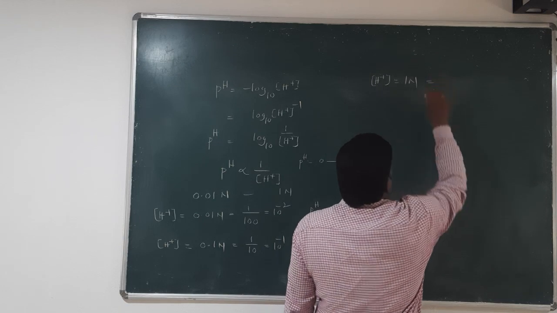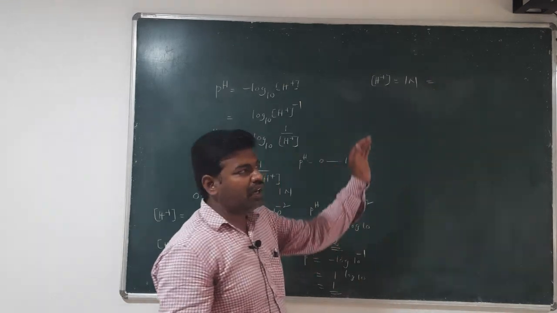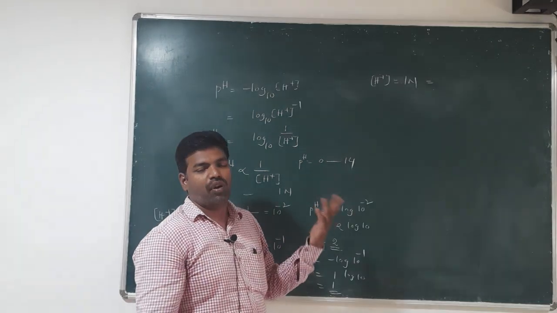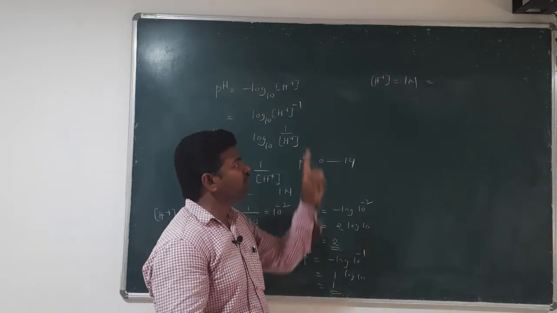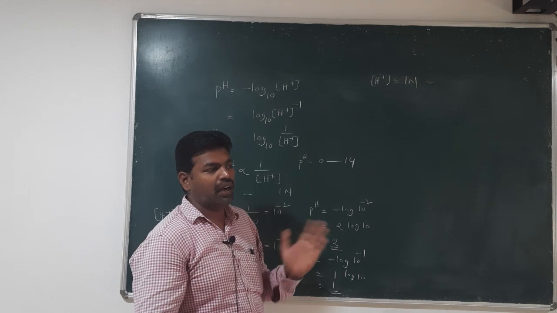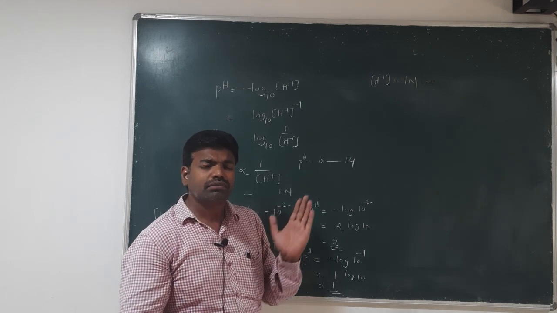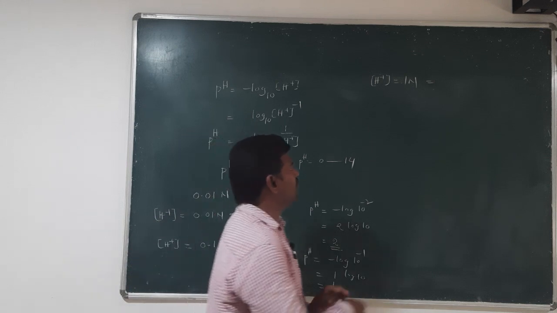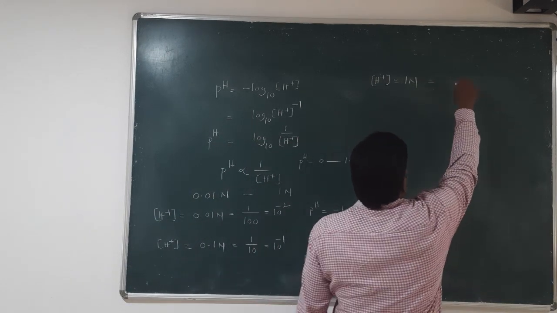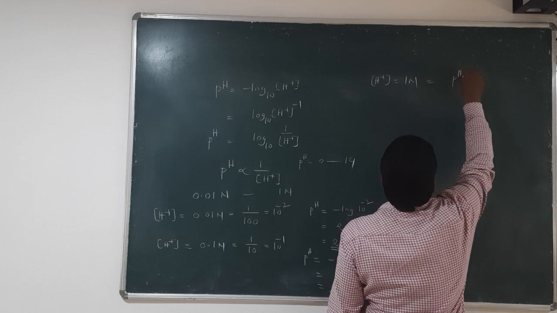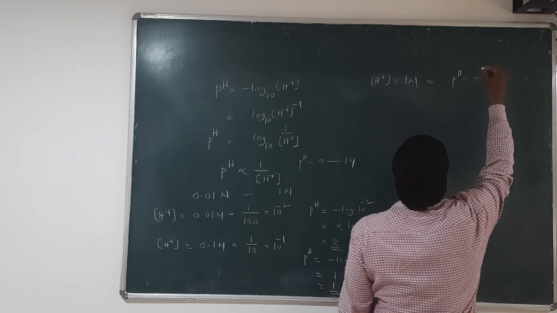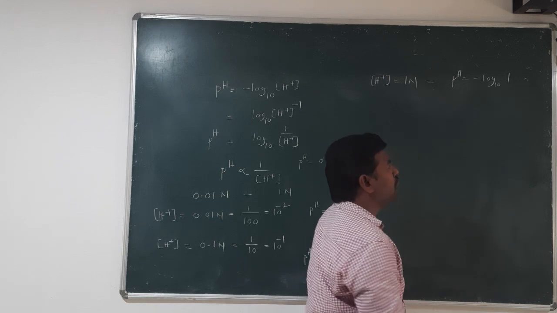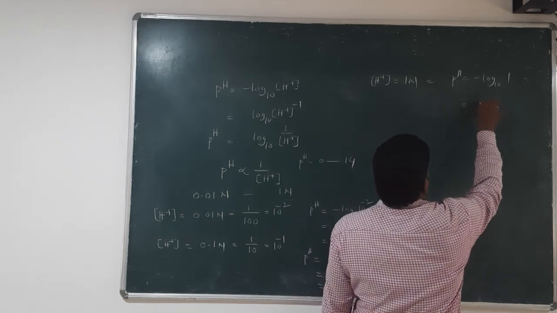We could not write this in terms of 1 by 10 or 1 by 100, or in decimals. So we can calculate the pH value for this: pH is equal to the negative logarithm of the concentration of H plus ions, 1. Log 1 is 0.